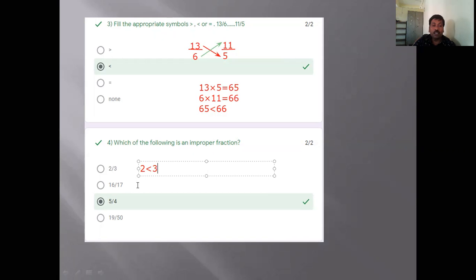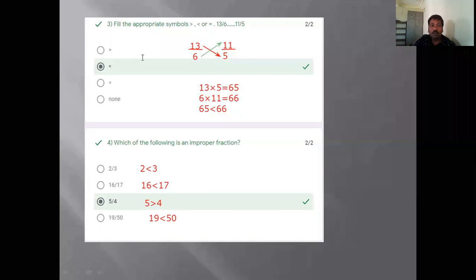In the second case, 16, that means the numerator is also less than the denominator, but in this case the numerator is greater than the denominator, 5 greater than 4. In the last case we see that the numerator is also less than the denominator, so 5 greater than 4 will be the correct answer. It means this is the improper fraction.